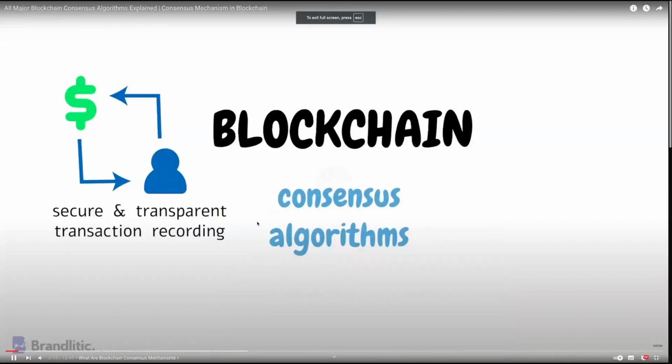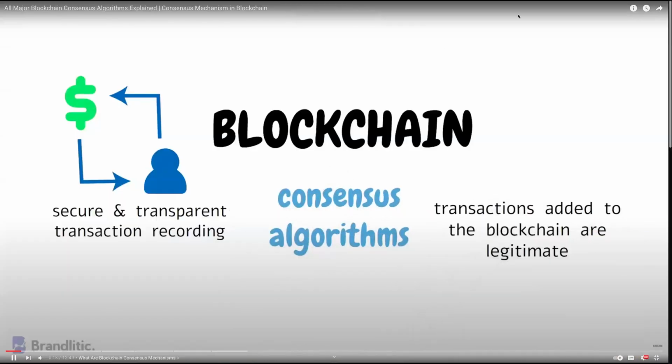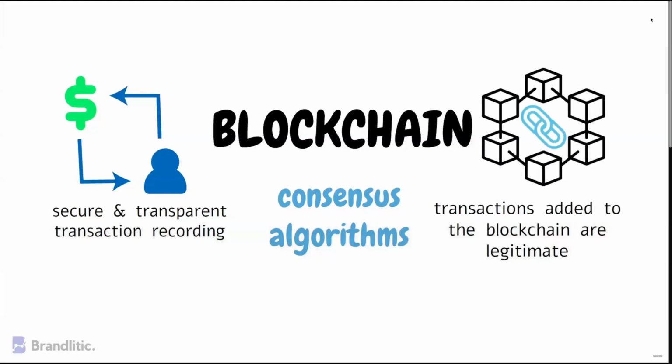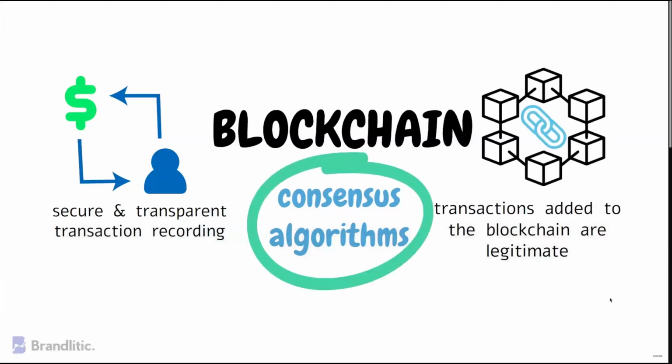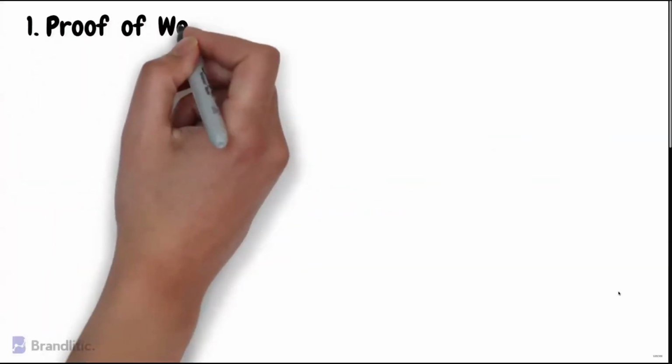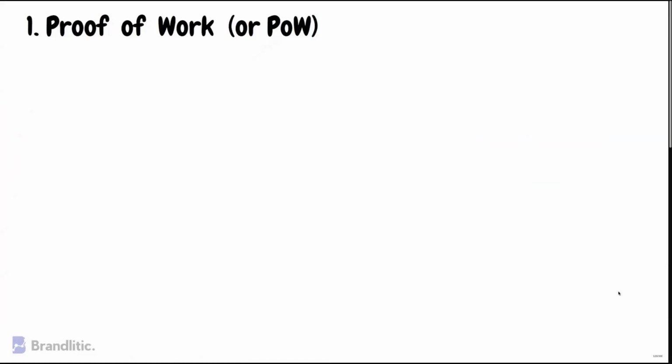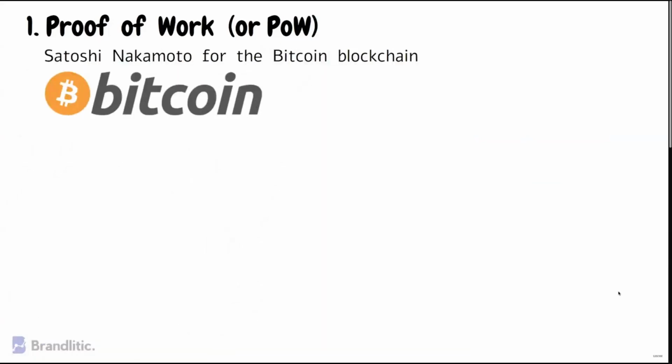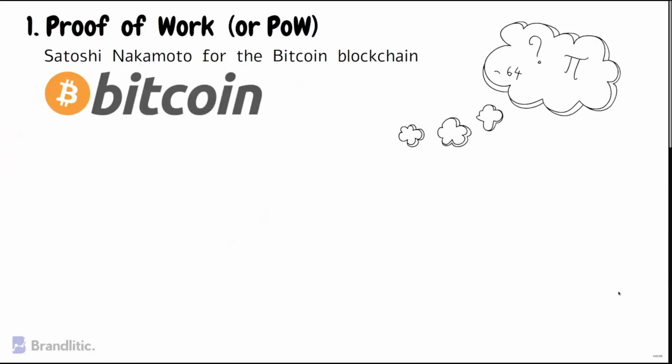Consensus algorithm, whose job is to ensure that transactions added to the blockchain are legitimate and that the network remains secure. In this video, we will discuss all the major blockchain consensus algorithms that are used across the globe, their characteristics, and how they work. So let's get started. Starting with number 1, proof of work or POW. Proof of work is the original blockchain consensus algorithm created by Satoshi Nakamoto for the Bitcoin blockchain. It works by requiring network participants to solve a complex mathematical problem which takes a significant amount of computational power.